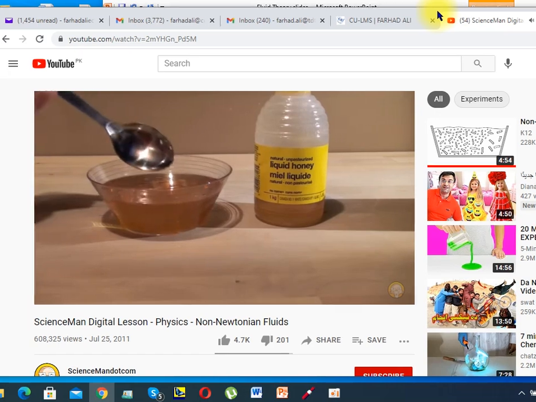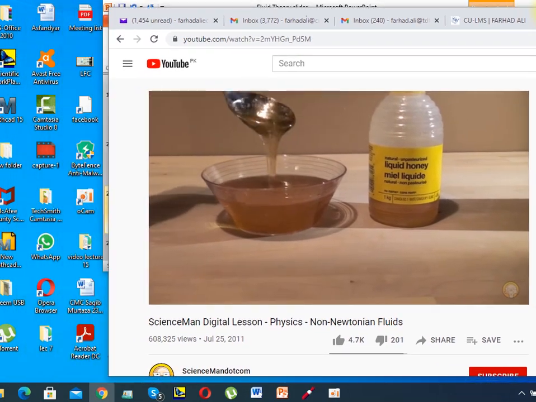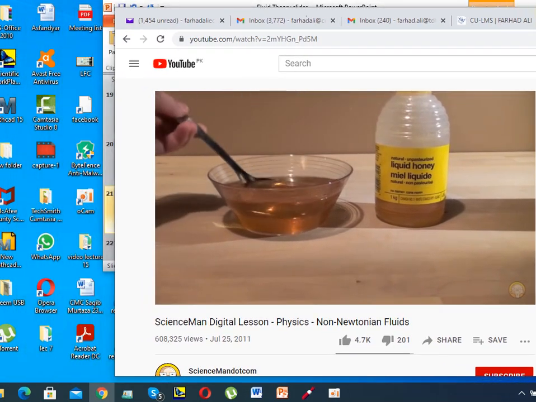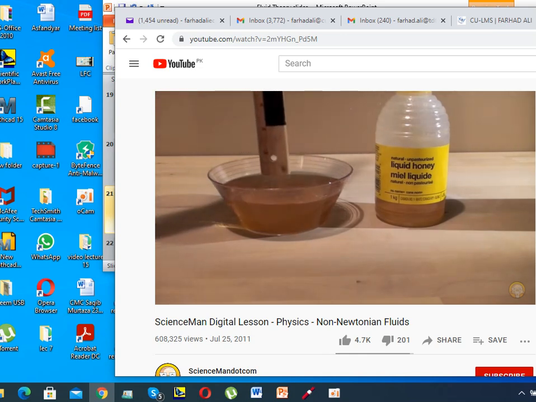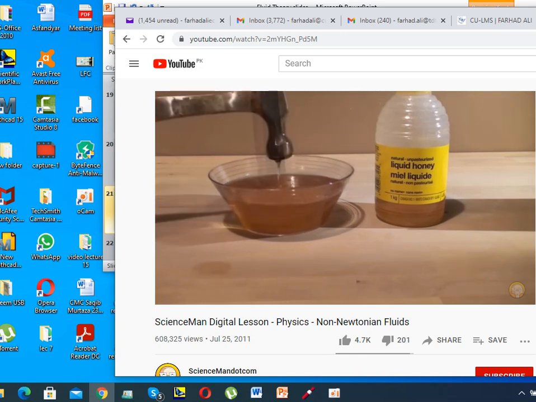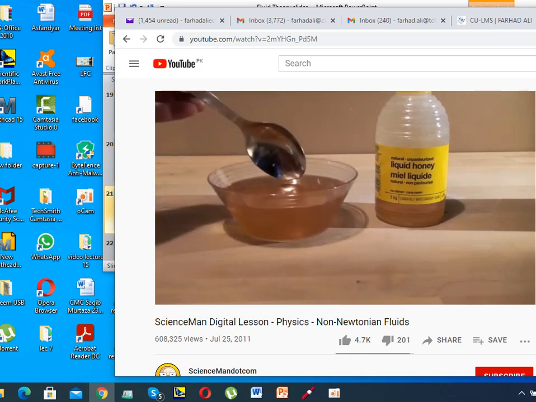To investigate the properties of Newtonian fluids experimentally, let's start with some warm honey. As you can see here, warm honey flows easily, and it will easily flow around objects, such as this ruler. Placing a force on the honey has no effect on its viscosity. Even if we place a large force on it with a hammer, the honey predictably flows around the hammer.